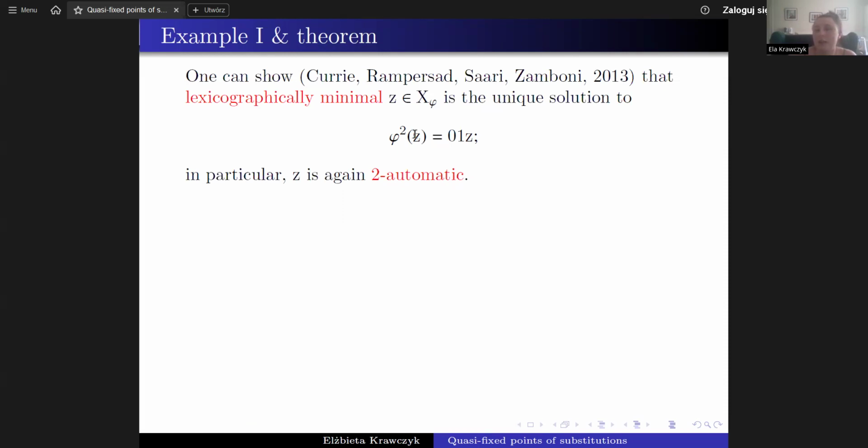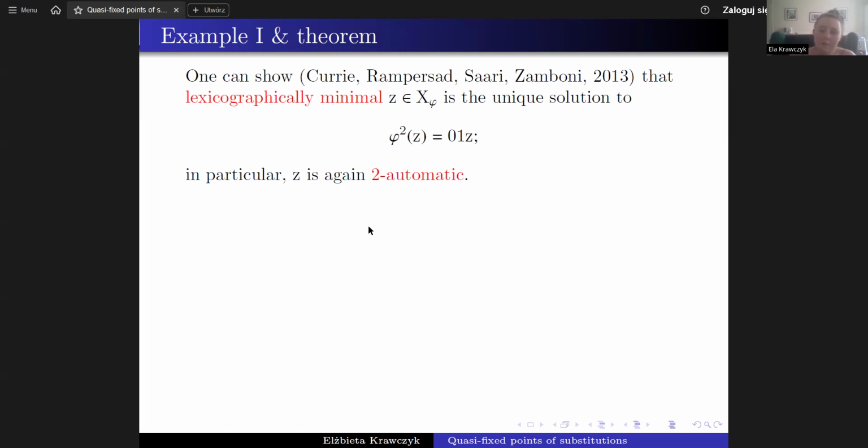We look at the point Z such that the second image of Z under the morphism is equal to 0, 1, Z. So we see that this point Z is not exactly a fixed point of phi, but it is very close to being a fixed point, or to being a periodic point of phi. Since phi was of constant length 2, it is not very hard to believe that this Z is again 2-automatic.